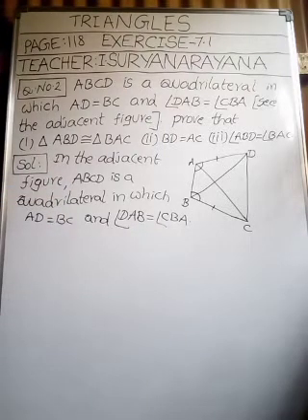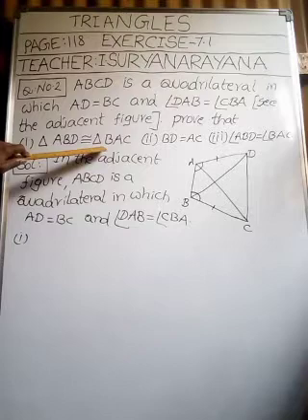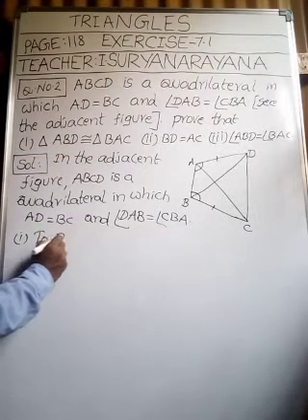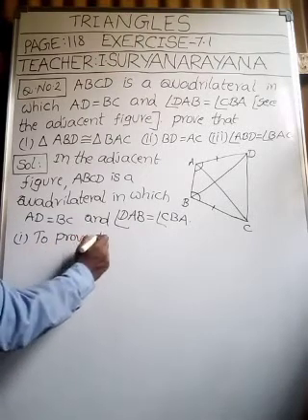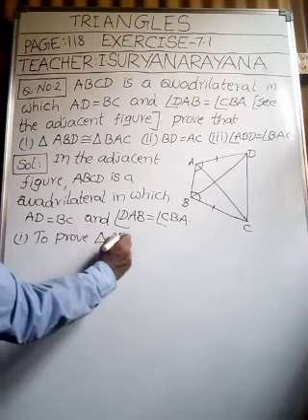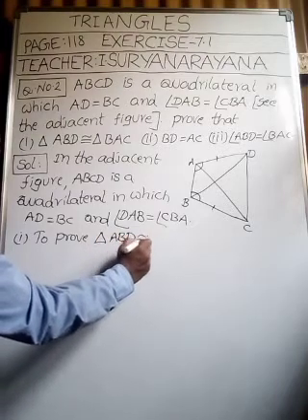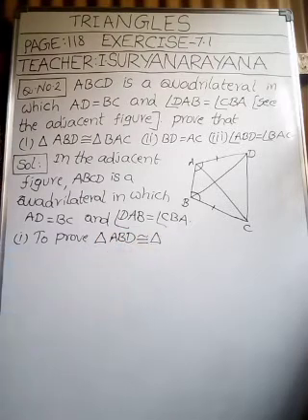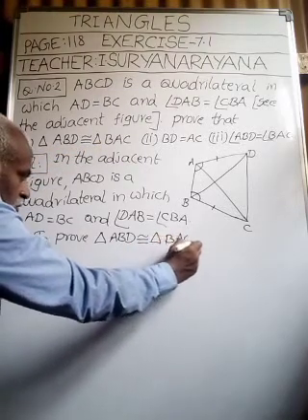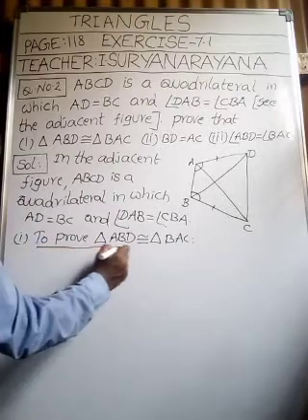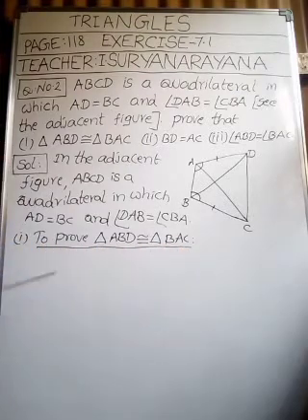Okay, my children. Now come to the first part. What is the first part? We have to prove that triangle ABD is congruent to triangle BAC. To prove: triangle ABD is congruent to triangle BAC. This is the first part of the question.